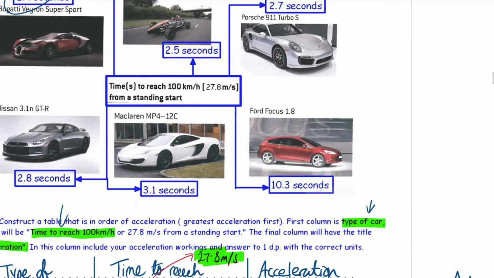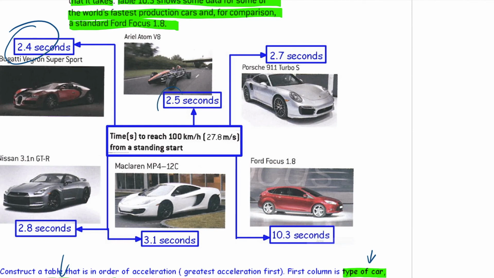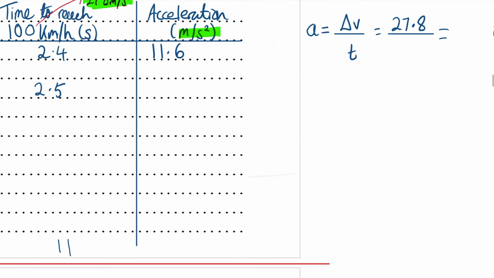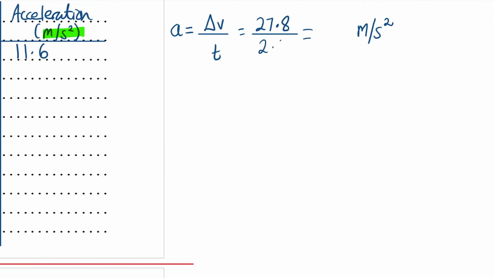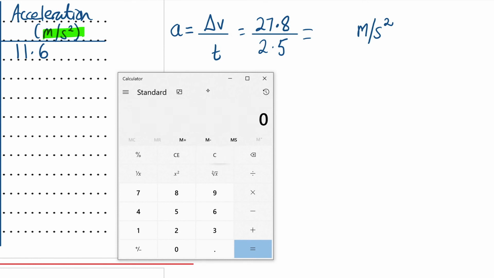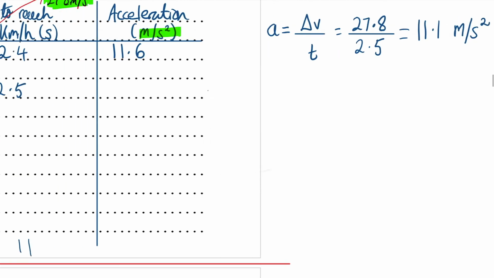So if I look at the next one, the Ariel Atom V8 is 2.5 seconds. I'll just write that in the table. I'll put that in my equation, substitute the numbers. Enter into the calculator. 11.12, rounded to one decimal place, 11.1. Okay.